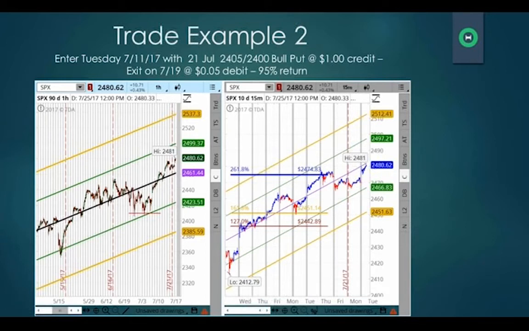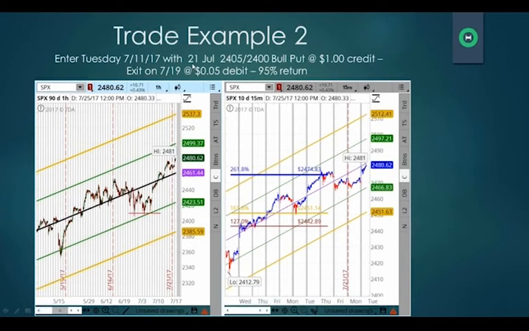We're out. So we're looking at this time period here, and I'm looking for an opportunity to get into this trade, and now I turn my attention to the 10-day, 15-minute chart, and here we are down here, and that was Tuesday, July 11th.